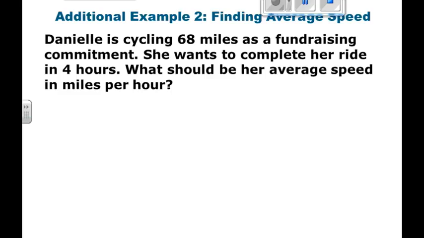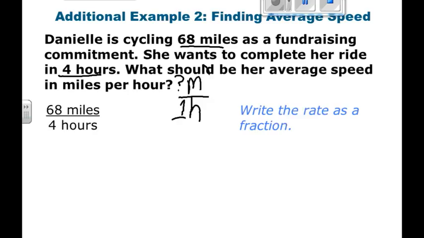All right, so Danielle is cycling 68 miles as a fundraising commitment. She wants to complete her ride in 4 hours. What should be her average speed in miles per hour? That per hour we know means per 1 hour. So we know hours is going to be in the denominator. If we write this as our rate, it's a rate because we're comparing two different things, miles to hours.